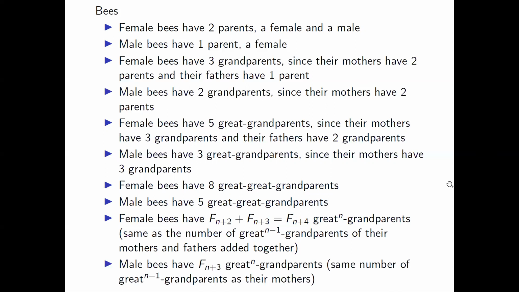The male bees, on the other hand, have f of n plus 3 great to the n grandparents. This number is the same as the number of great to the n minus 1 grandparents of their mothers. So that's why we see Fibonacci numbers in the family trees of the bees. It's because the male bees only have a mother, they don't have a father.